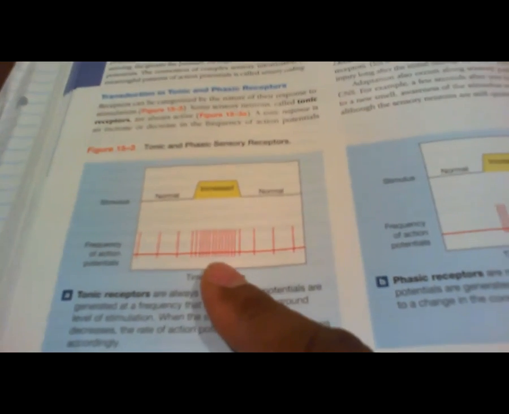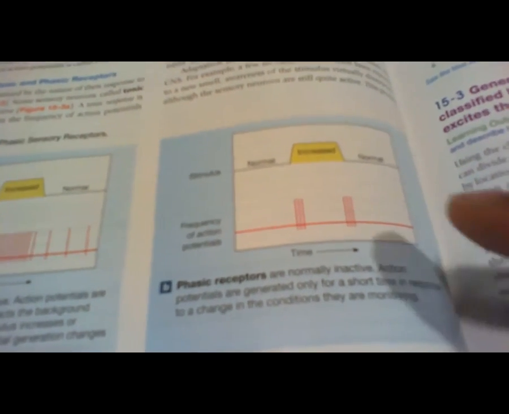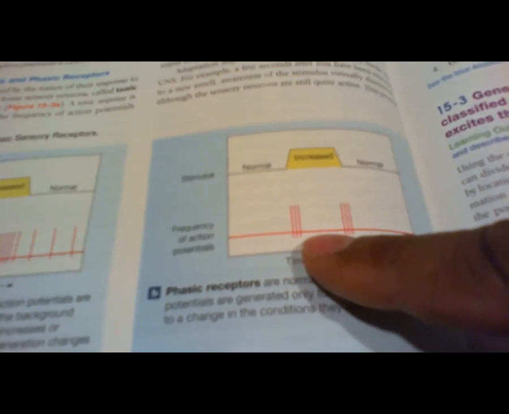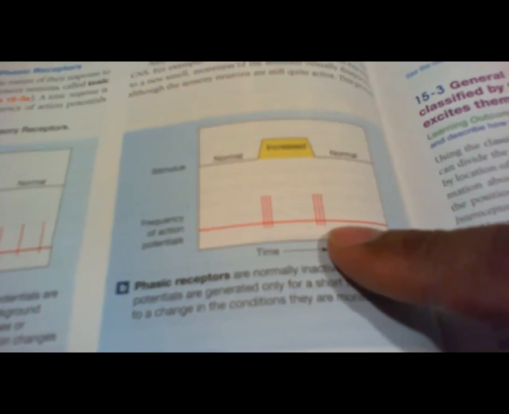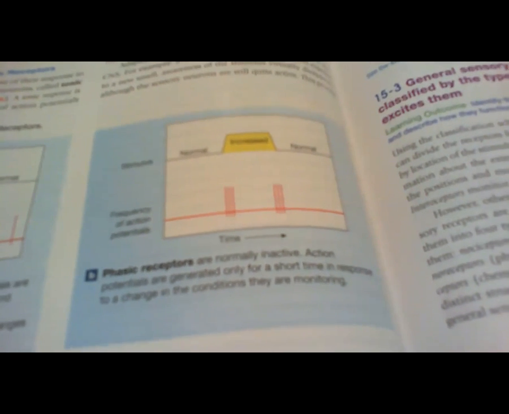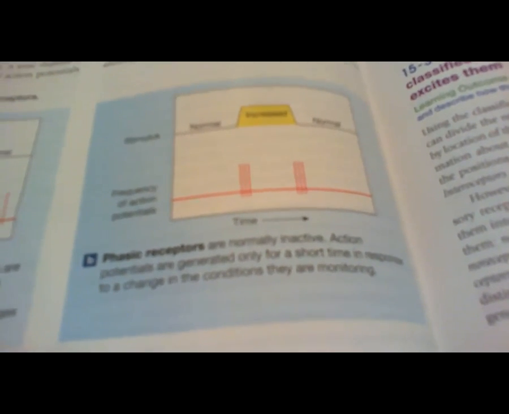Okay, not necessarily as high as it was at first, but you do get an increase. Now with phasic receptors, when you have a change in the stimulus, you get a change in the frequency of action potentials. When you decrease that stimulus, you get a change in the frequency of action potentials, but then after that, it goes away. It's a very short impact, okay?